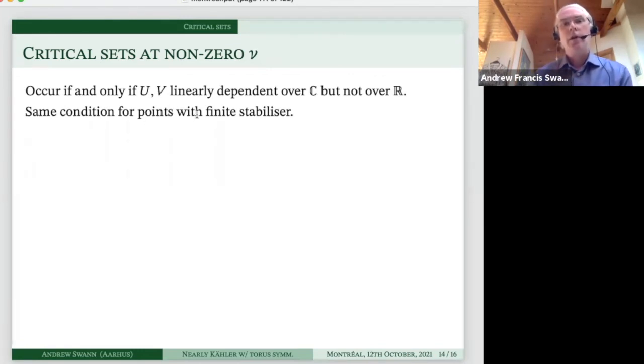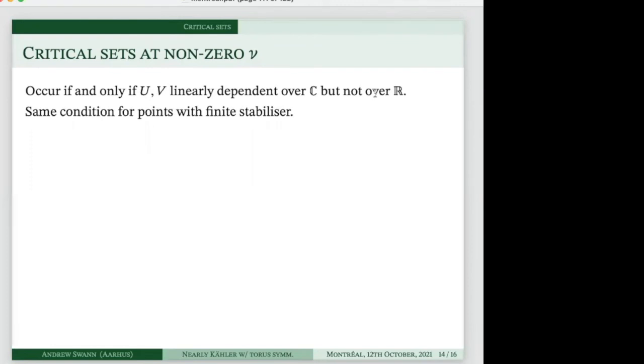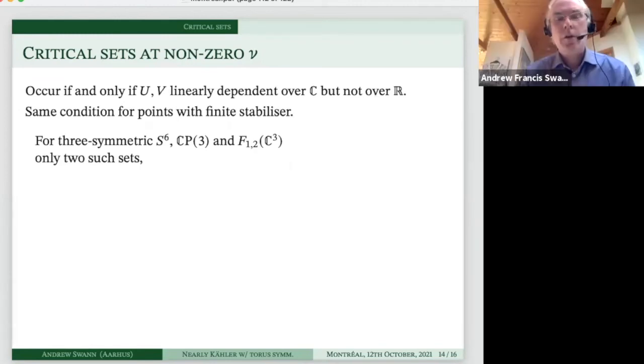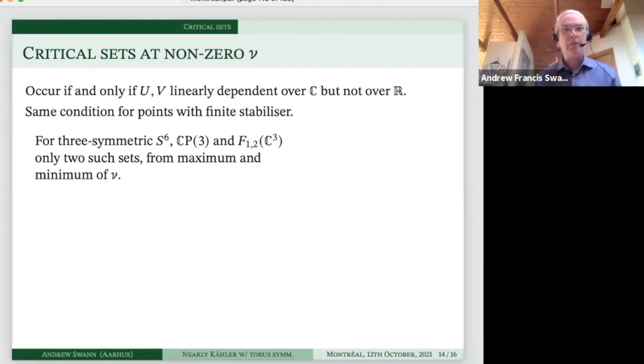So if we have finite stabilizers, then U and V satisfy this, and so we get critical points, the critical points away from the zero level set. So in the standard three symmetric cases, you can work out the complete picture here in detail. You can write down all the critical sets and all the information completely explicitly.